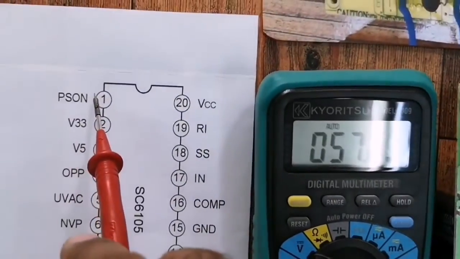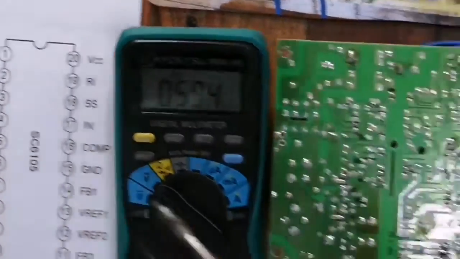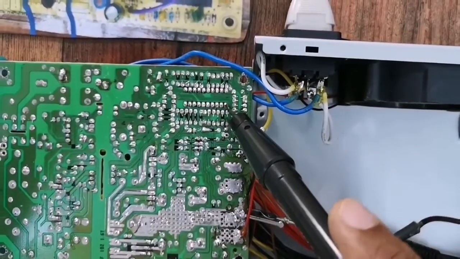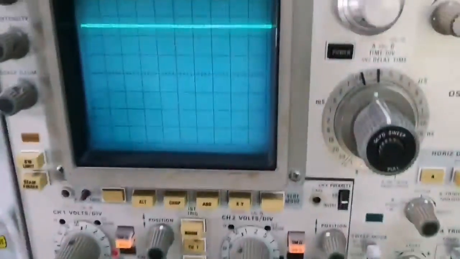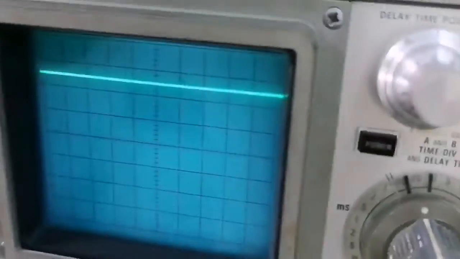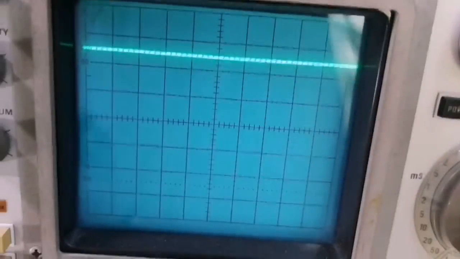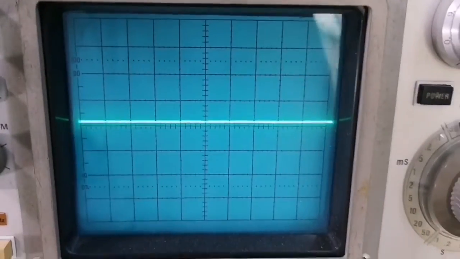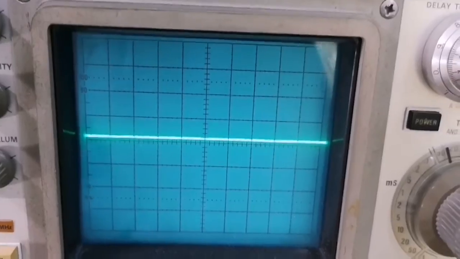That is connected to the power supply on pin of this IC. This pin is normally pulled up to 5 volt, and when we short the wire, this goes to 0. Good, then the power on command is okay.